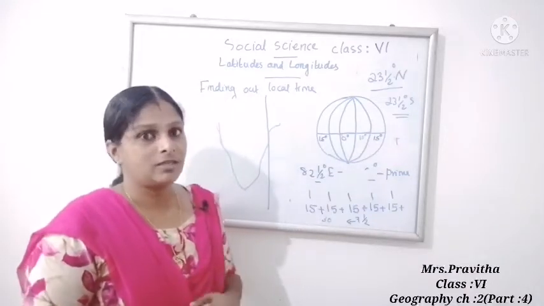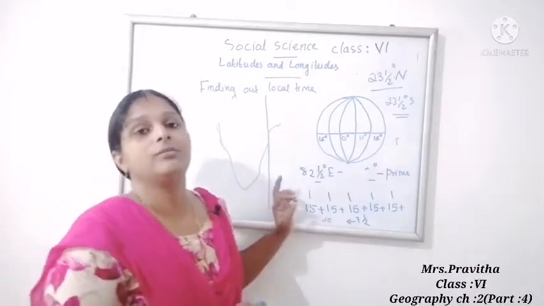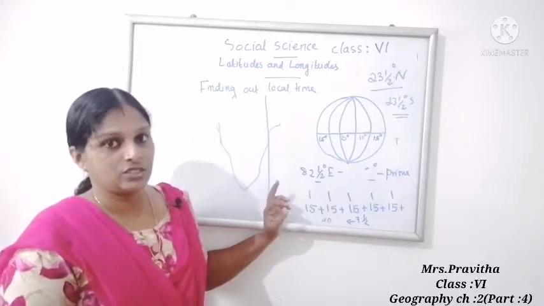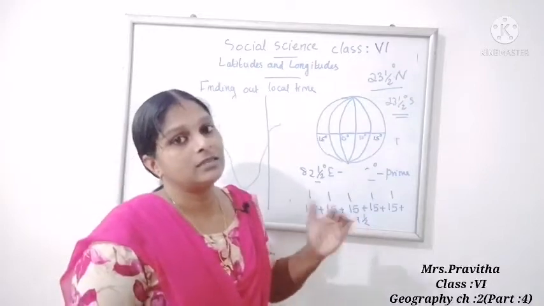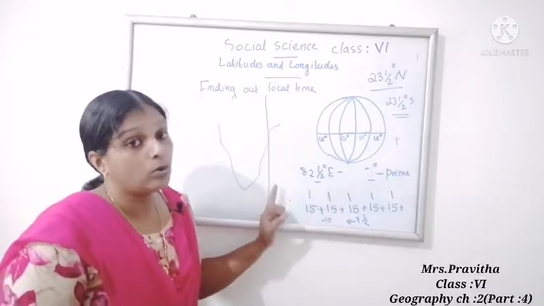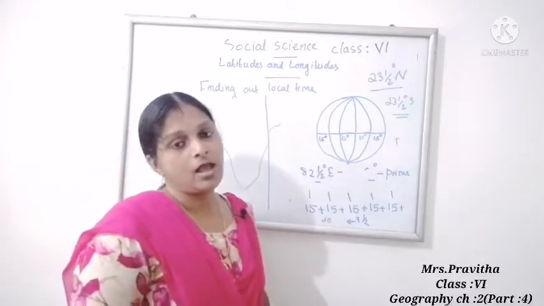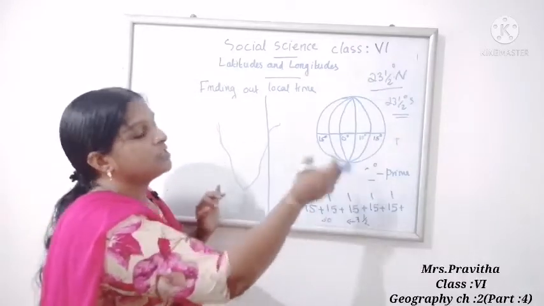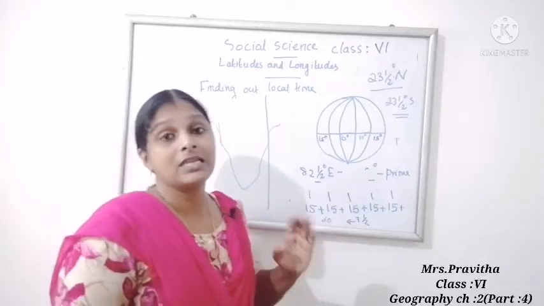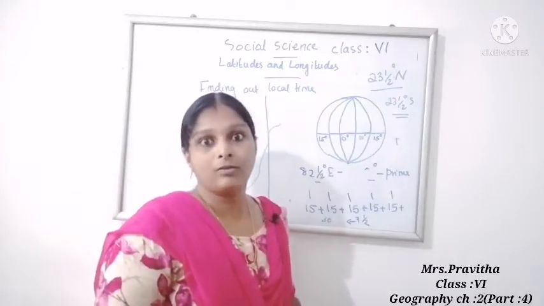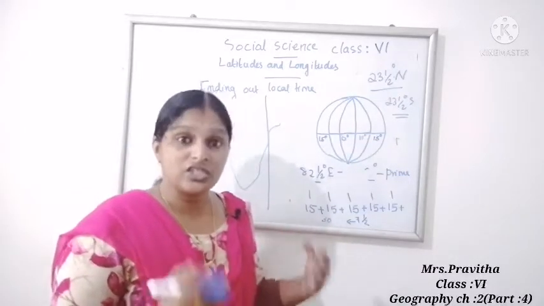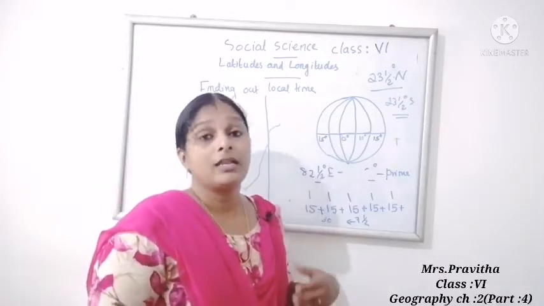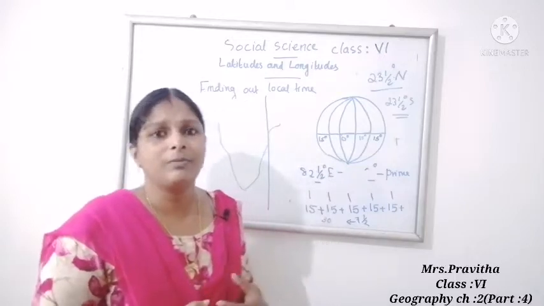So once again ma'am will tell you, India selected a standard meridian for calculating time, 82.5 east. Then why did India select this one? Because it passes through almost the central part of India. If each longitude is taken for calculating time, it will be difficult to calculate, or it will affect national level programs, radio and television programs, national level exams, everything will be affected.